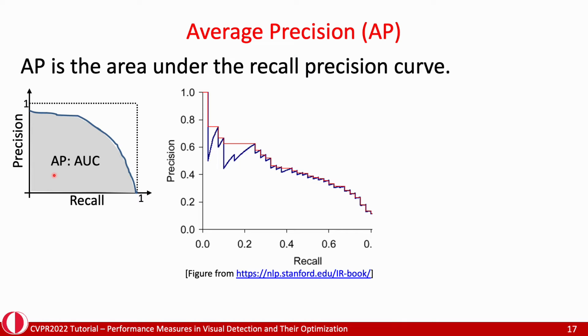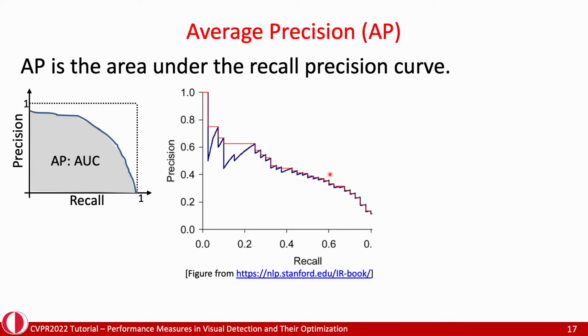That is why you get these vertical drops and the zigzag behavior. To tackle this, the curve is smoothed out to keep the max precision value to the right at any point. This is called precision interpolation, and this red curve is the result of that interpolation.